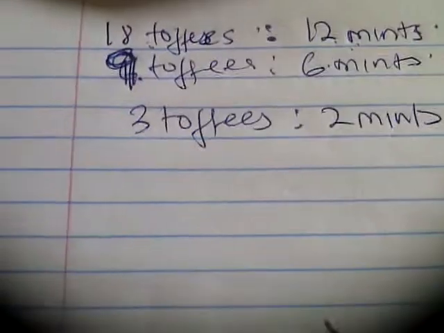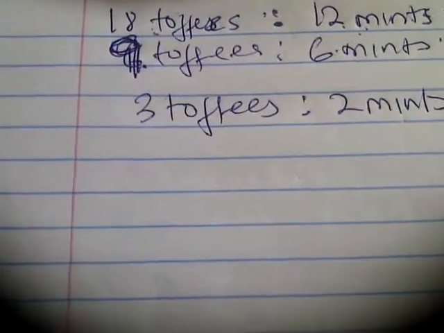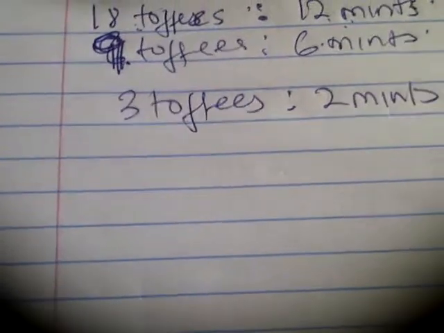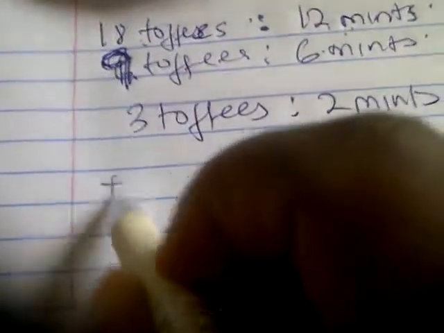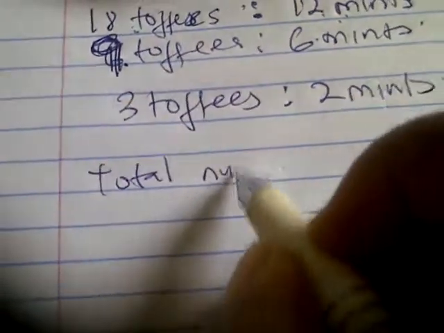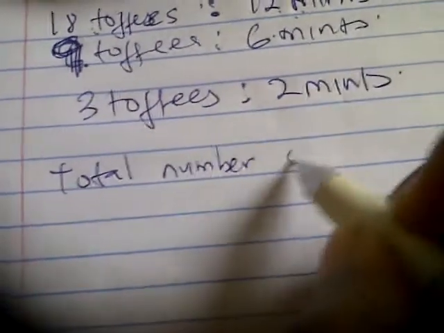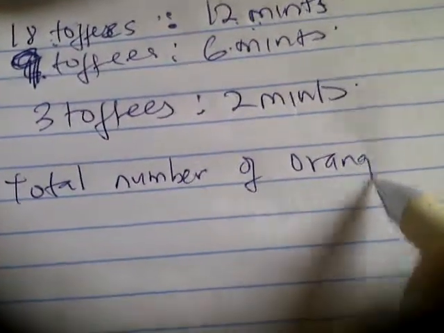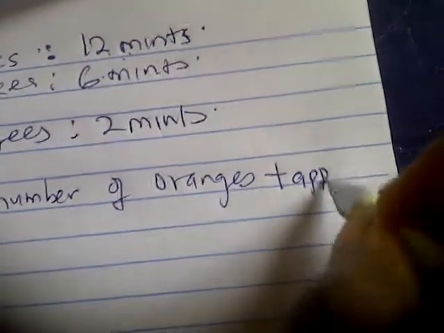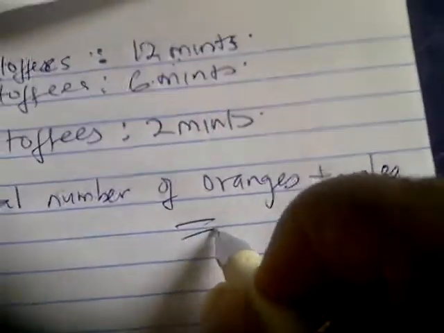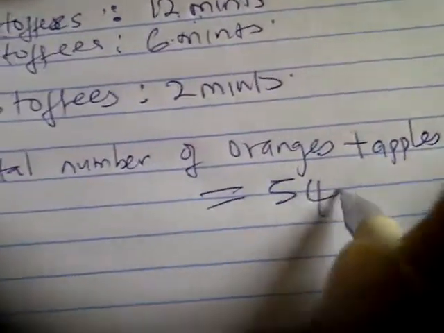And the second part of the question says that there are some oranges and apples in a box. The total number of oranges and apples gives you 54.